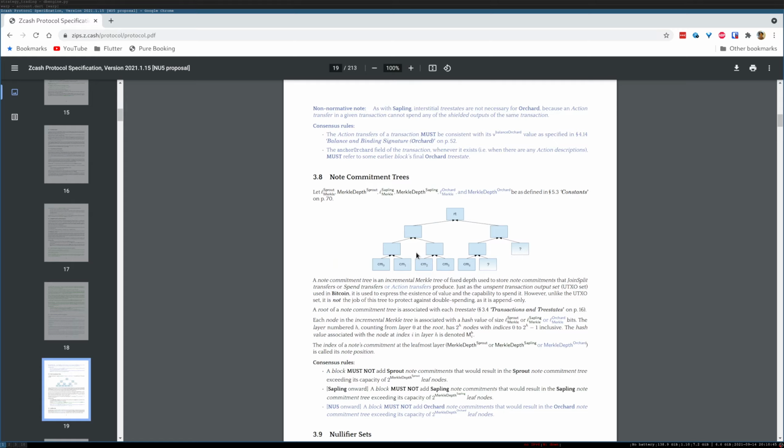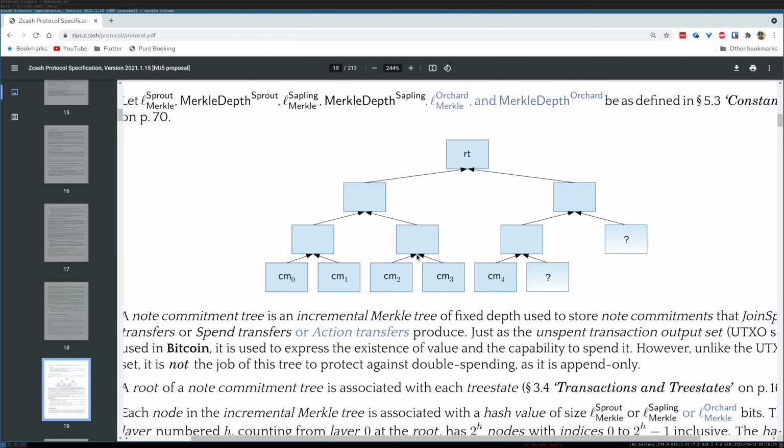As a reminder, the commitment tree is where every node that is an output of a transaction, every newly created node, has a commitment, which is basically a hash of the node, and that node commitment has to be tracked by at least every validating node, but also a light wallet, and placed in a data structure called a Merkle tree.